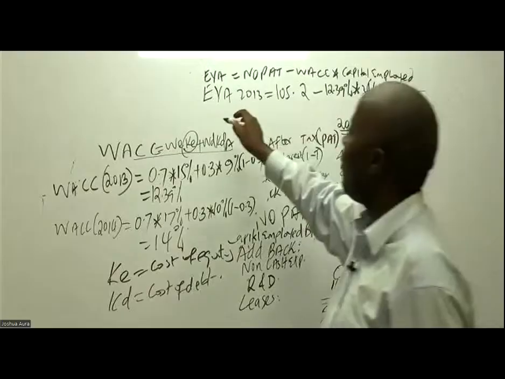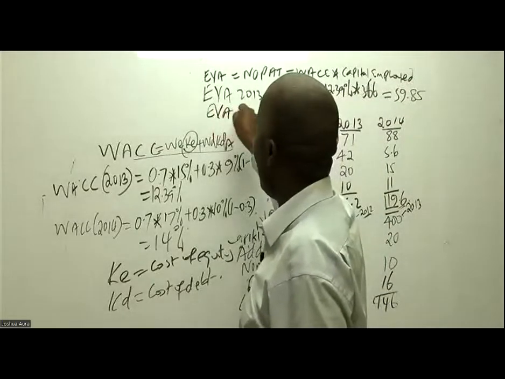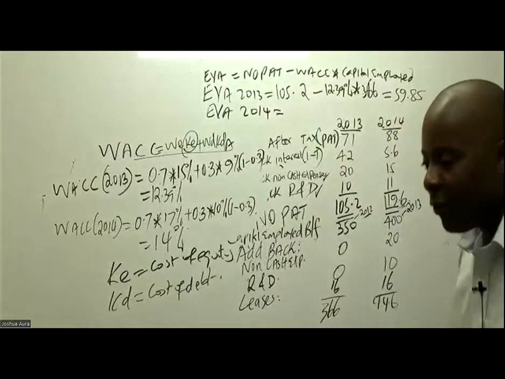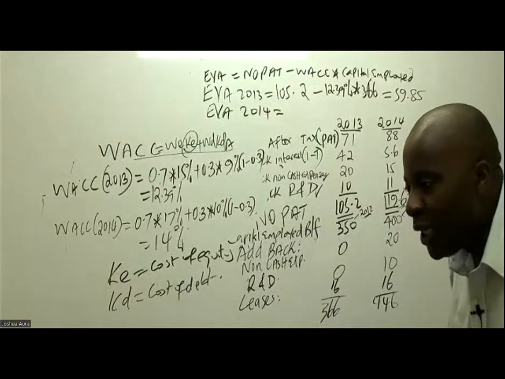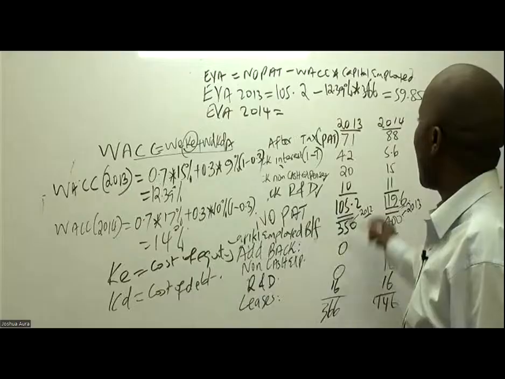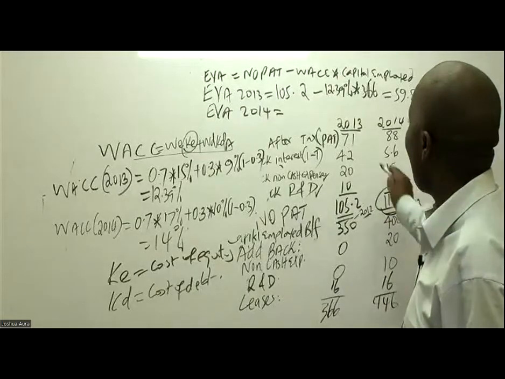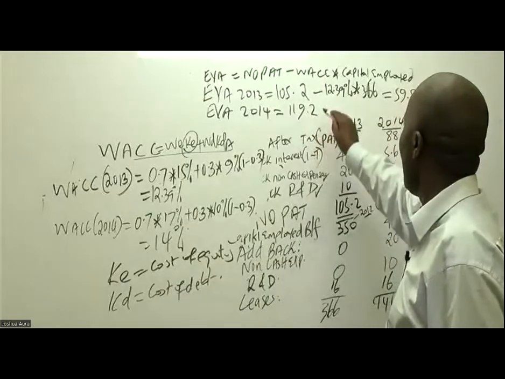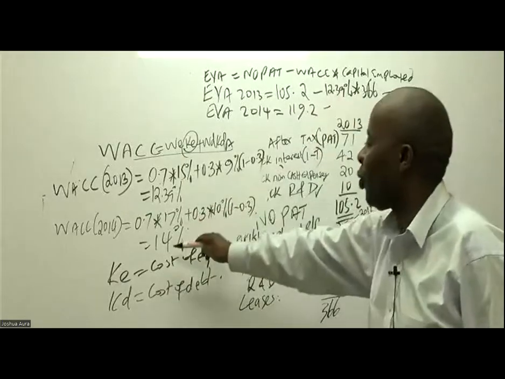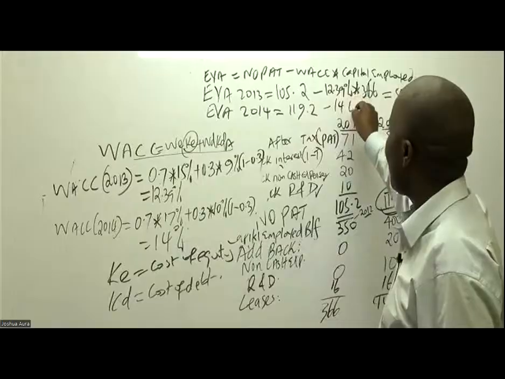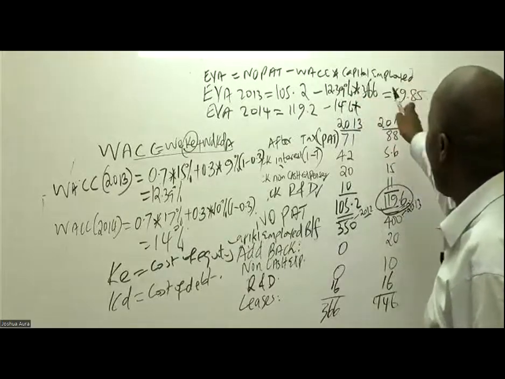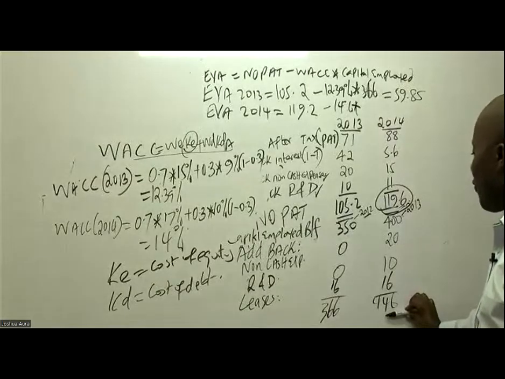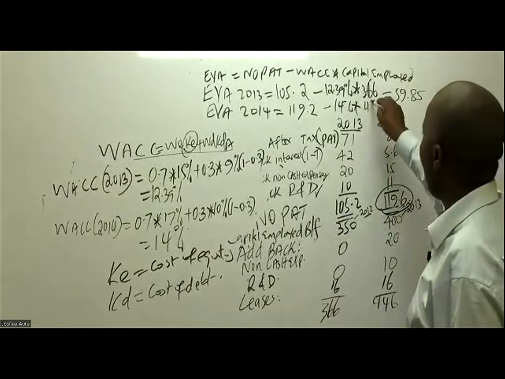And then now we have EVA for the year 2014. For the year 2014, the NOPAT is 119.2 minus the WACC for 2014, which is 14%, multiplied by the capital that was employed in 2014, which is 446.